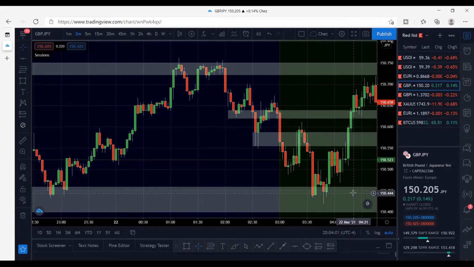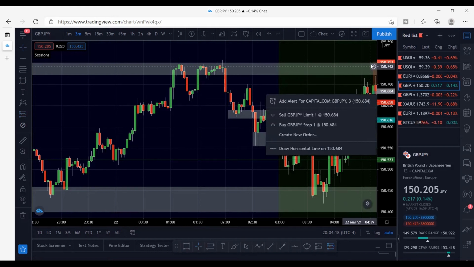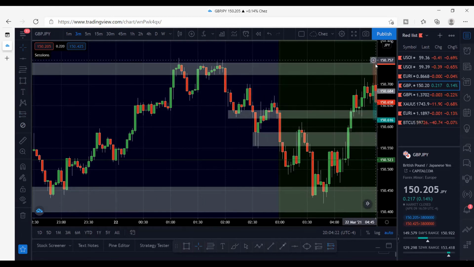So we're gonna wait for a little pullback and take an entry, but we're gonna anticipate that pullback, hopefully, at maybe about 50% of this institutional candle right here. Yeah, 50% of that institutional candle right there.